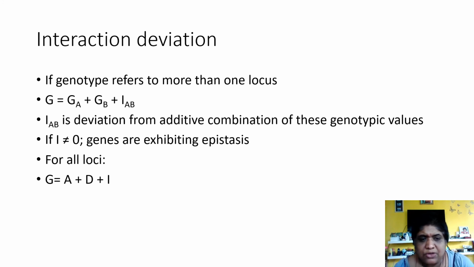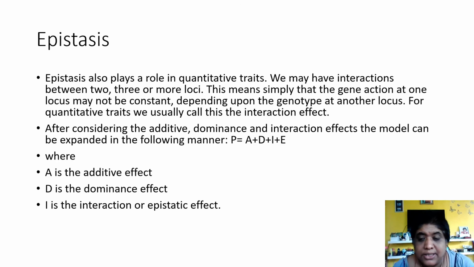If I is not 0, the genes are actually exhibiting epistasis. So for all loci, we will have an equation that looks like genotype equals additive plus dominance plus interaction deviation. Now interaction deviation is what we call epistasis, which plays roles in quantitative traits. You may have interaction between 2 or 3 or more loci. This means simply that the gene action at one locus will not be constant, and we call it the interaction effect.